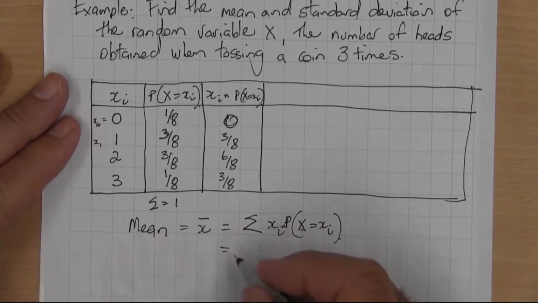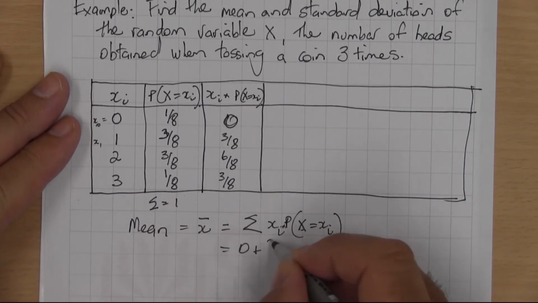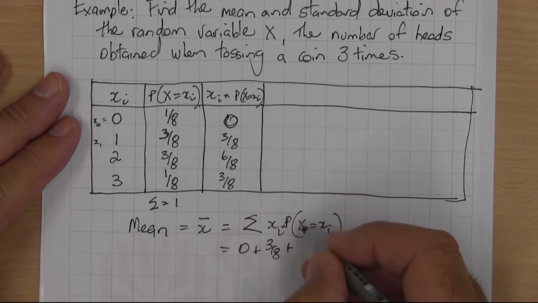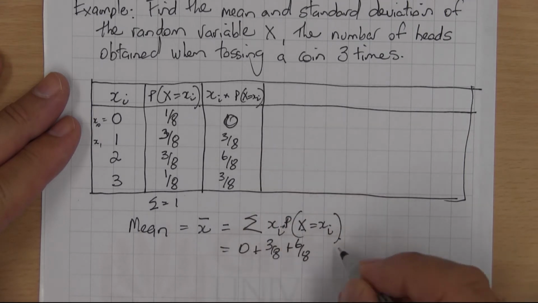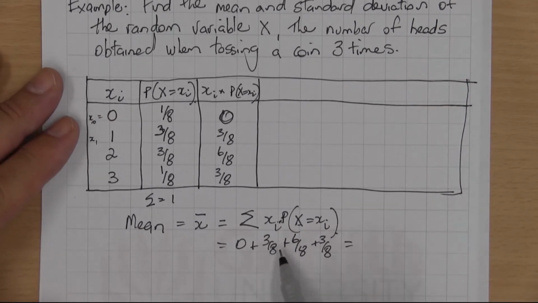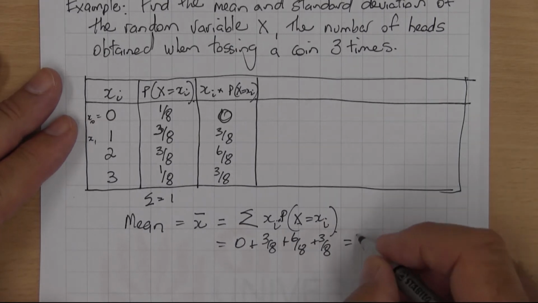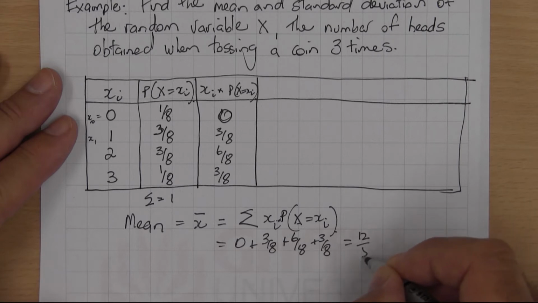So we've got 0 plus 3 on 8 plus 6 on 8 plus 3 on 8. And we get 3 and 6 is 9 and 3 is 12, 12 on 8, which is 3 on 2.